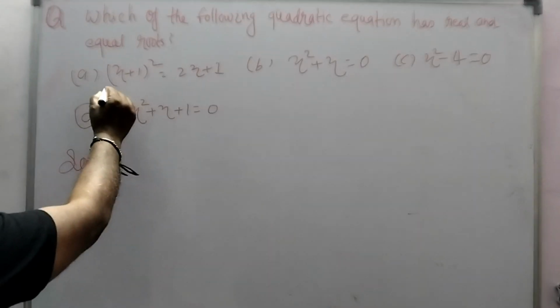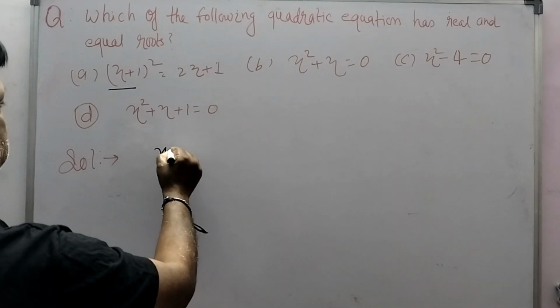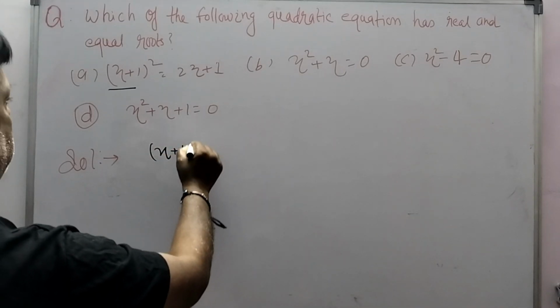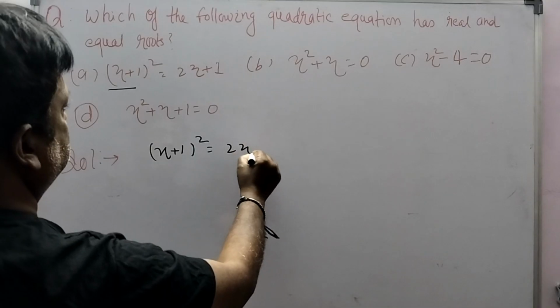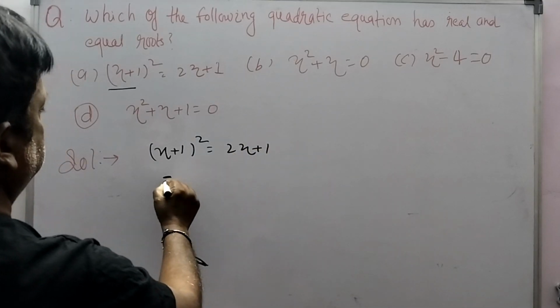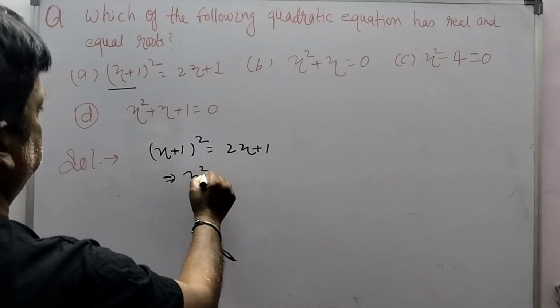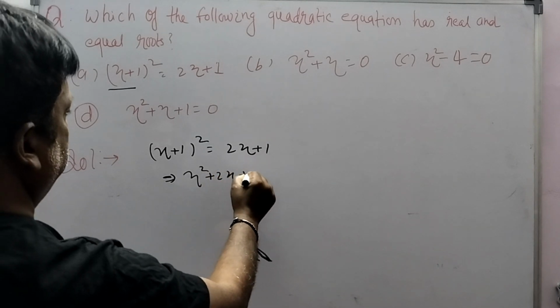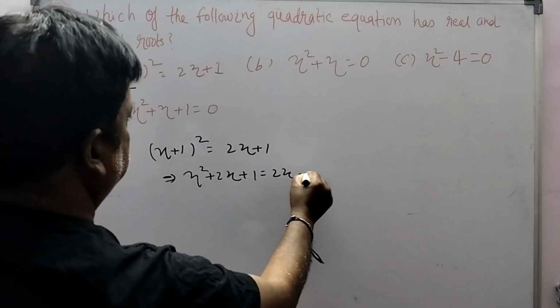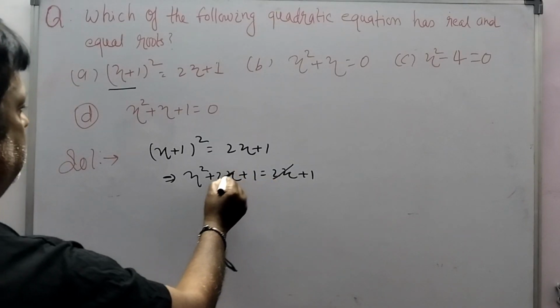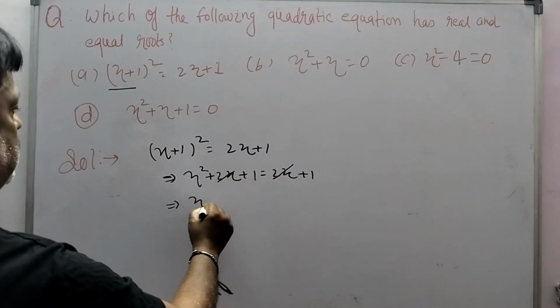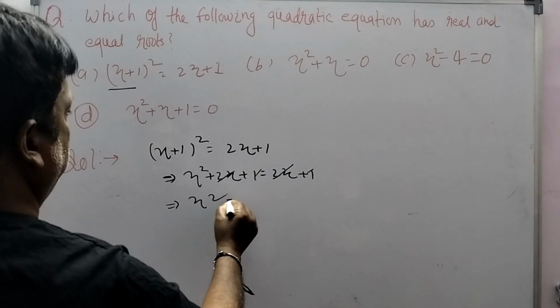We try first x plus 1 whole square equal to 2x plus 1. That means x square plus 2x plus 1 equal to 2x plus 1. This cancels, so x square equal to 0.